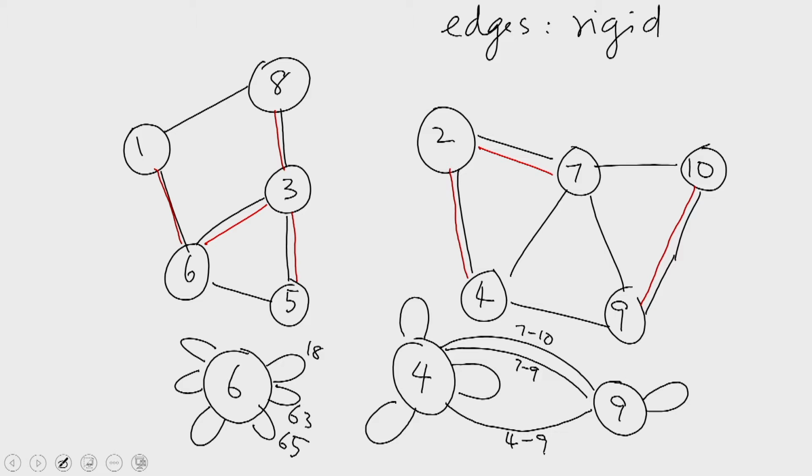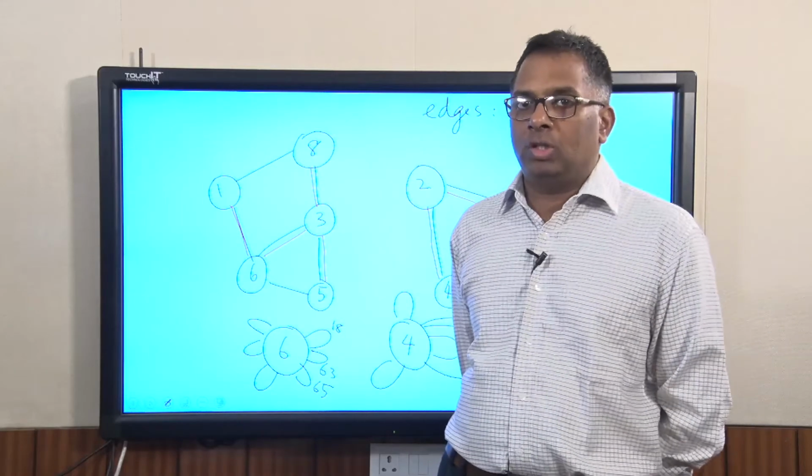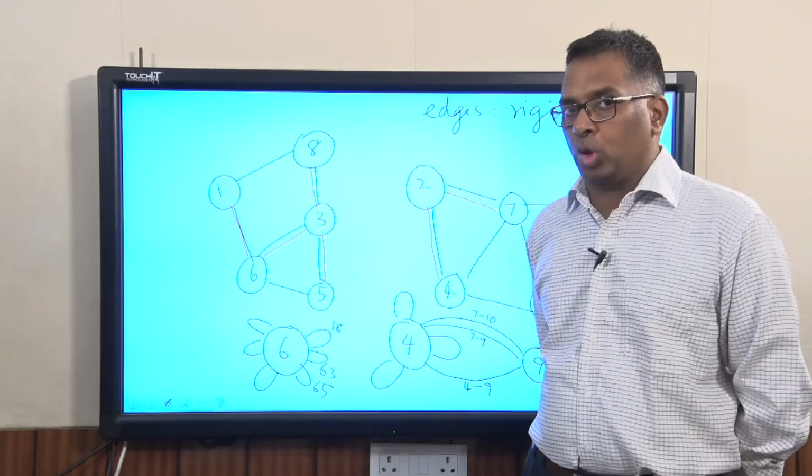So what we have exactly done is this: we take the graph, we assume that all the edges in the graph are rigid, those are the black edges, and then we assume that all the vertices attract each other. This is just for visualization, and then let us grow trees on these components.